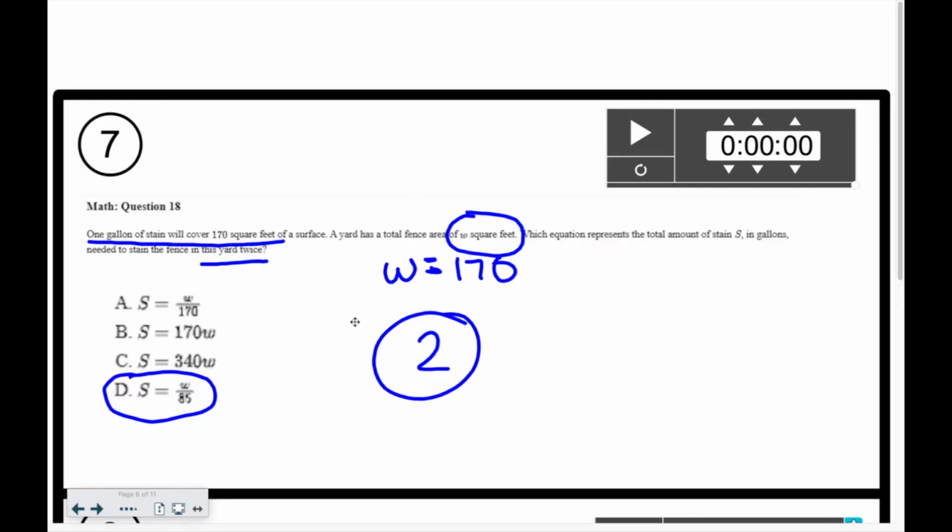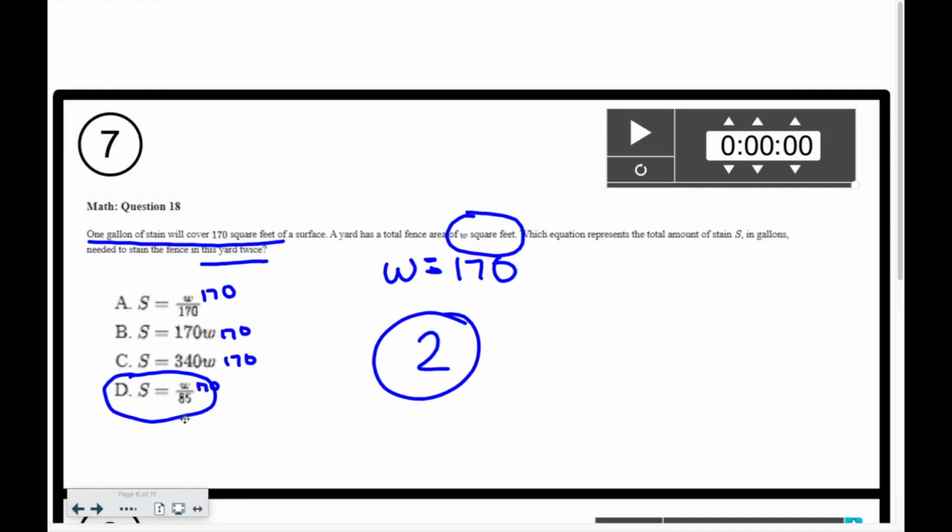So I would need 2 gallons to cover it if I make W equal to 170. So I need my answer to be 2. If I plug in 170 to all of these, 170 divided by 85 is 2. Oh, okay. I get it.